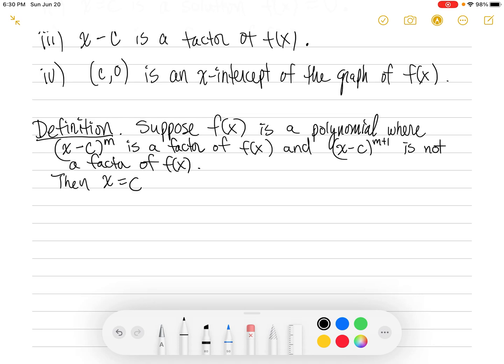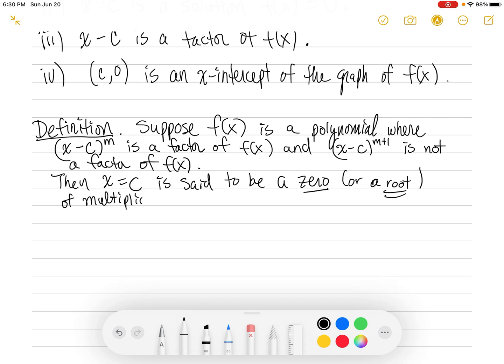Then we say x equals c is said to be a 0, or we can also call it a root, of multiplicity m for f of x. That's what we're defining: being a 0 of multiplicity m.